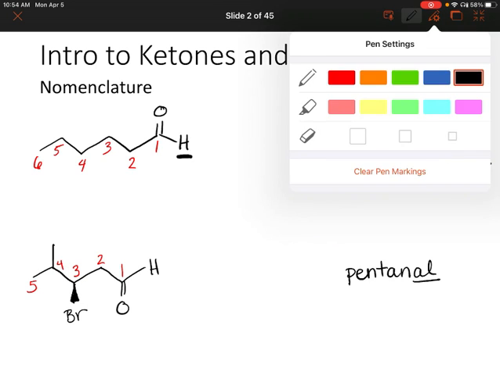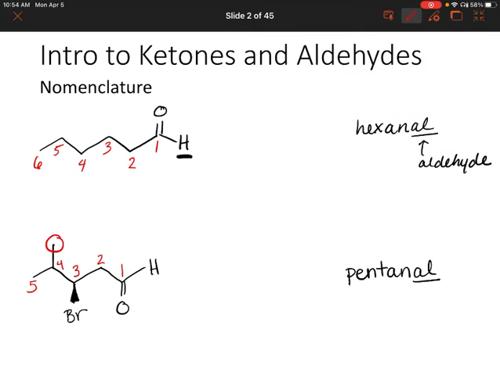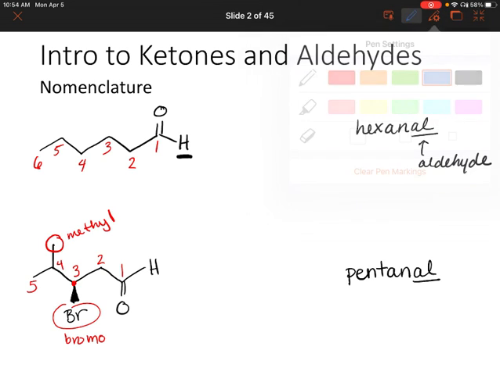And then it also looks like we have a methyl group as one of our substituents at carbon 4 and a bromine at carbon 3. But looking at carbon 3, that is bonded to 4 different groups. So we have to figure out if that's R or S. All right, so let's assign priorities. So bromine would be priority 1.